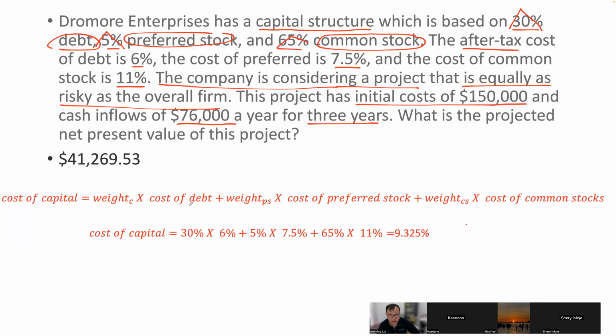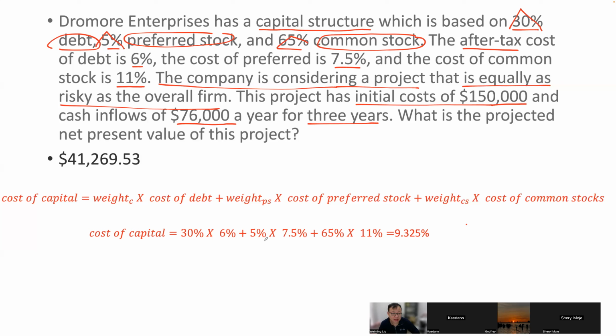For the debt, the weight is 30%, and the after-tax cost of debt is 6%. So I times 6%. I didn't multiply by 1 minus t, right? If you remember in the textbook, the equation includes 1 minus t. In that equation, the cost of debt is the pre-tax cost of debt, so you apply that tax shield on the pre-tax cost of debt. In this question, this is the after-tax cost of debt, so there's no need to apply that 1 minus t.